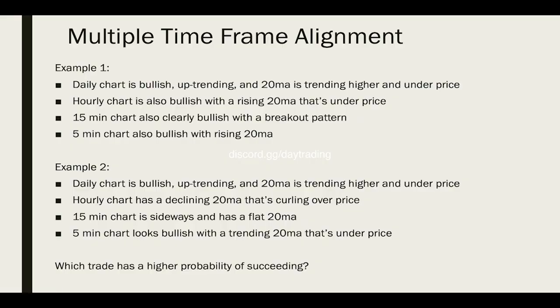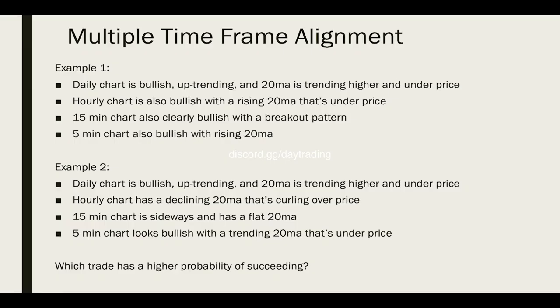It suggests that prices are going to go lower. The 15-minute chart is sideways and has a flat 20-day moving average. And remember, when it's flat, that means it's trendless. There's a lack of momentum. And the 5-minute chart, however, looks bullish with a trending 20-day moving average that's under price.